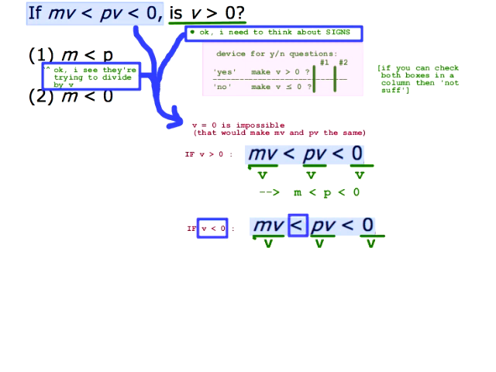When you divide inequalities by a negative number, flip it around. So that's going to give us m is actually more than p, which is actually more than 0. Indeed. And then we're not really used to seeing inequalities written in that direction, so you can also write it as this.